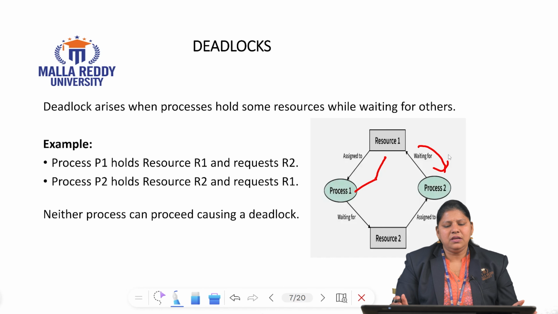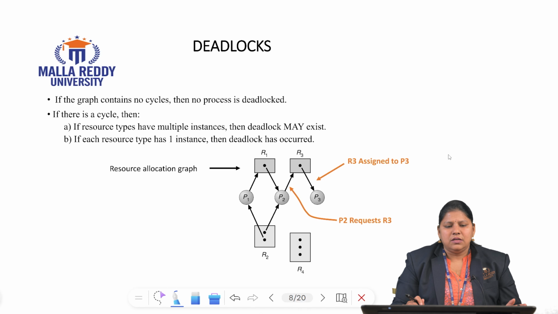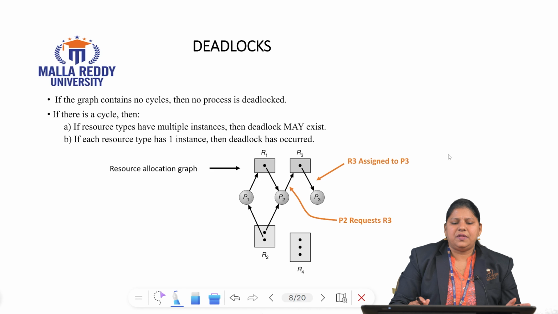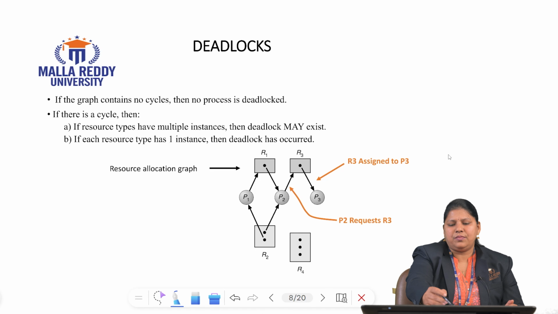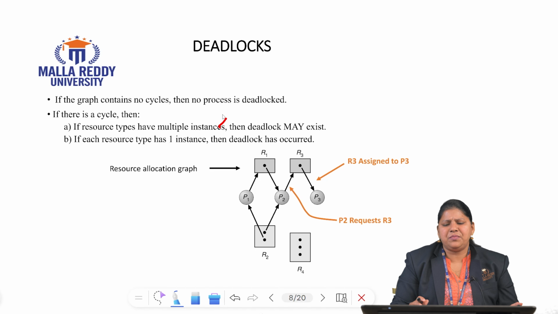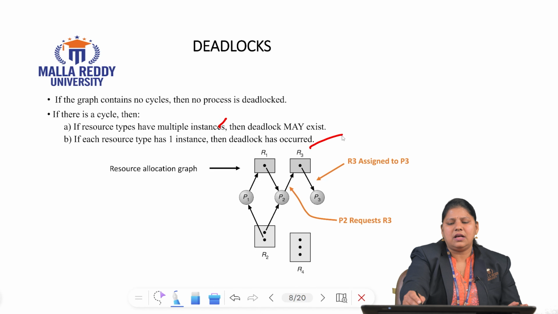Neither process can proceed, causing a deadlock. In this graph also, if the graph contains no cycle, then no process is deadlocked. If there is a cycle and a resource has multiple instances, there may be chances of deadlock. If the resource type has only one instance, then deadlock occurs.